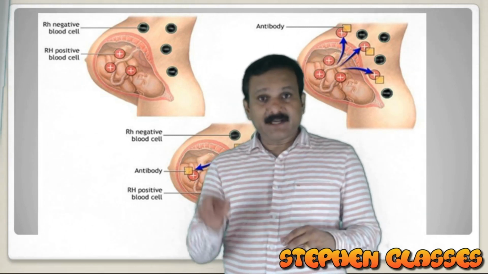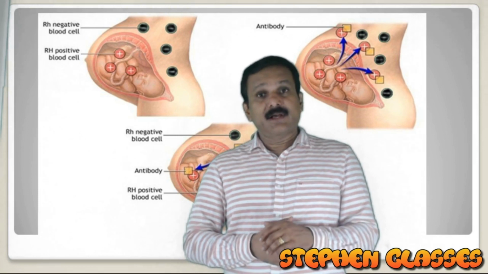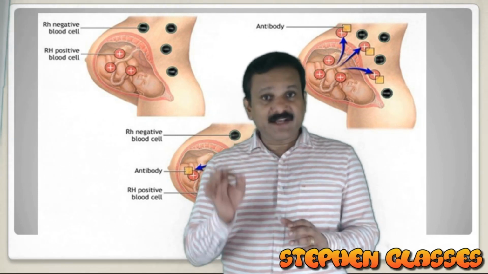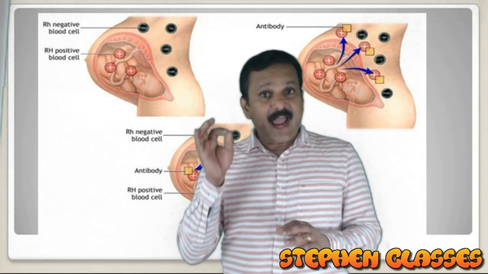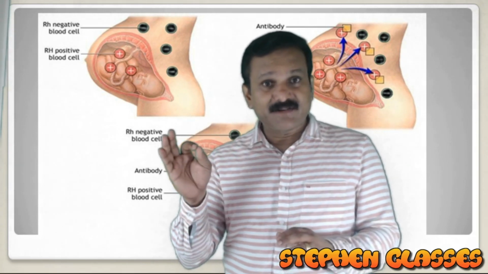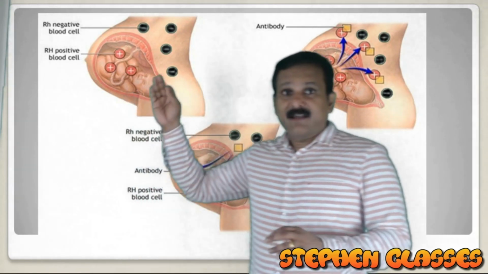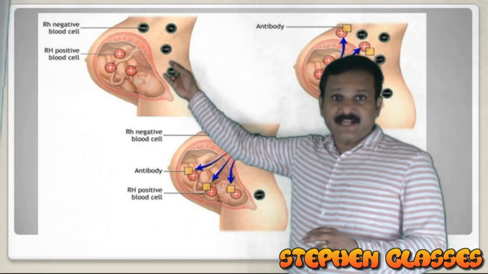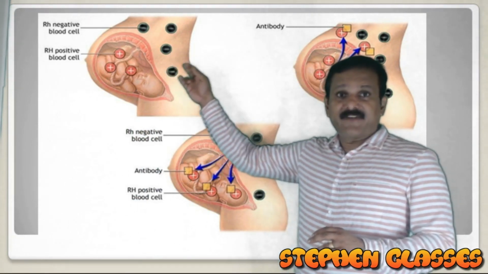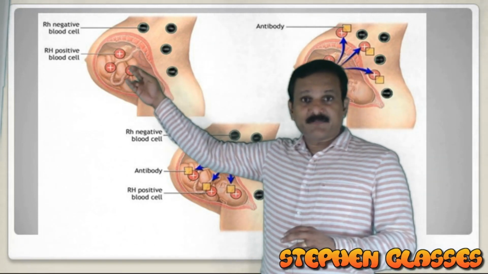When the mother is RH negative and the fetus is RH positive, there arises an RH incompatibility. So here in this picture you can see the mother is RH negative and the fetus is RH positive.